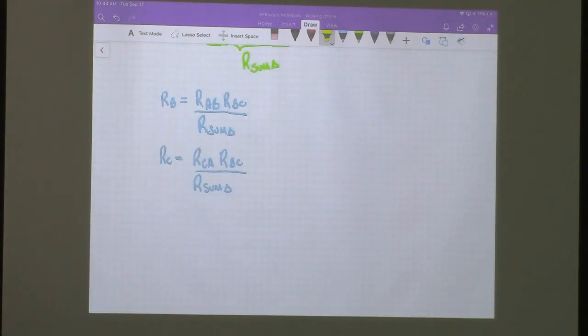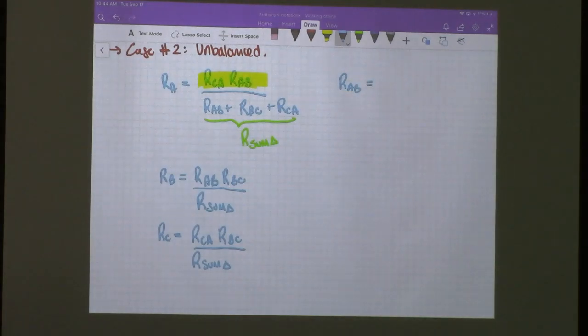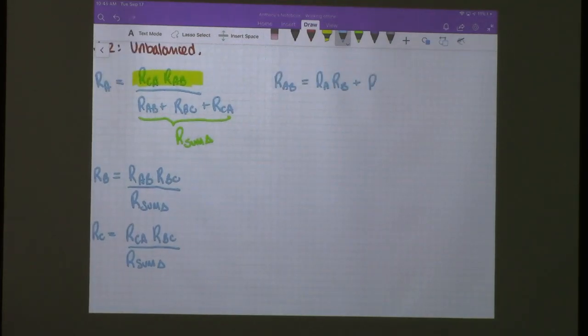Over here, I know we're close to the end. Over here, when we're doing the opposite direction of the conversion, RAB is equal to RA times RB plus RB times RC plus RC times RA over RC.